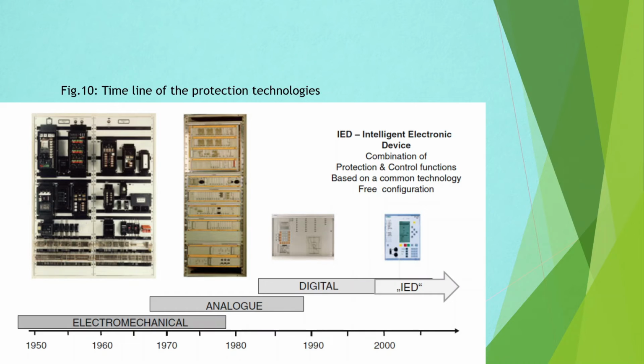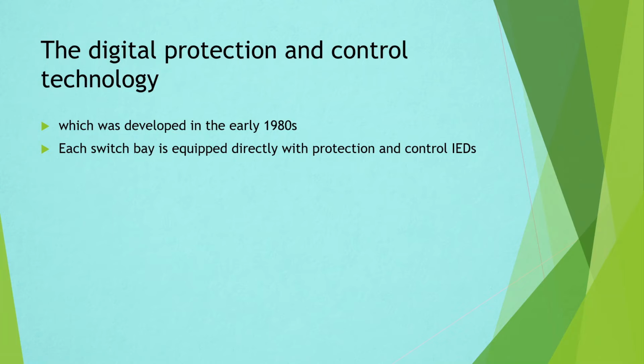The digital protection and control technology, which was developed in the early 1980s, brought about a technical revolution and a deep paradigm change. Today, each switch bay is equipped directly with protection and control IEDs, which are based on identical technologies in hardware and software.